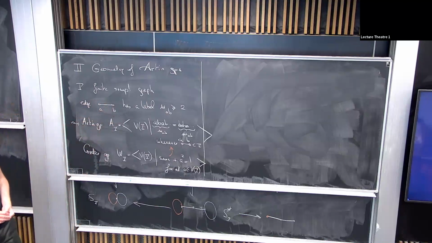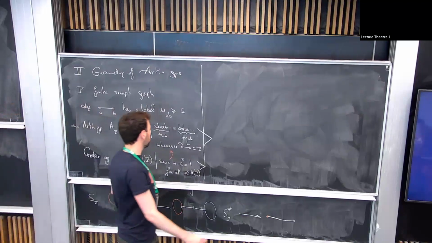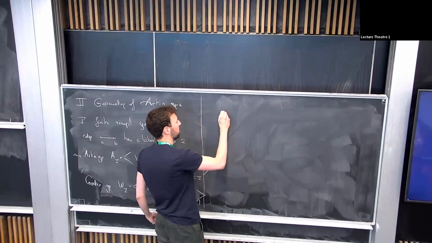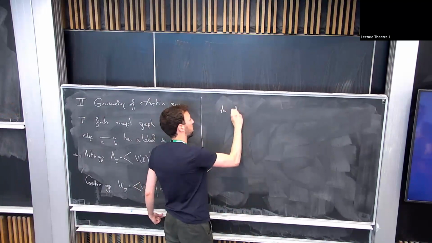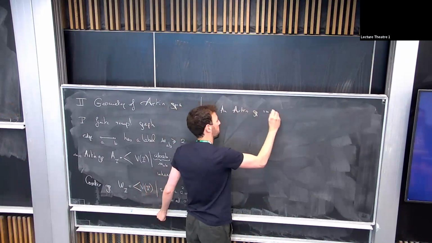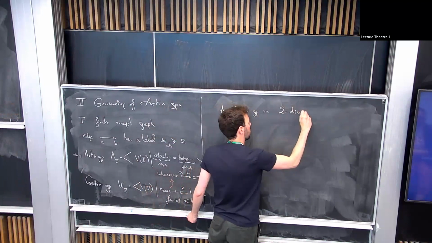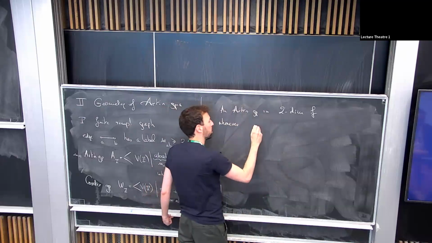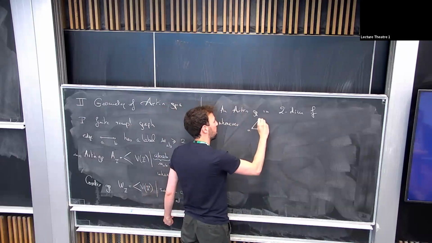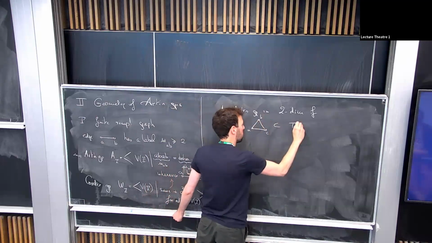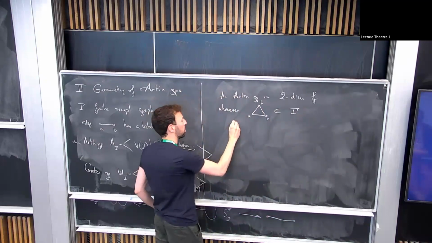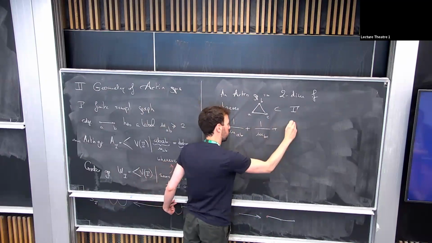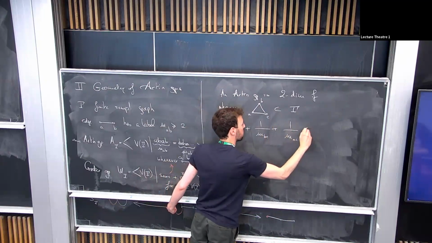Okay, and in this talk, I'm going to focus solely on two-dimensional Artin groups. So an Artin group is two-dimensional if whenever I see a triangle A, B, C inside gamma, then the sum of the inverses of the labels is at most 1.